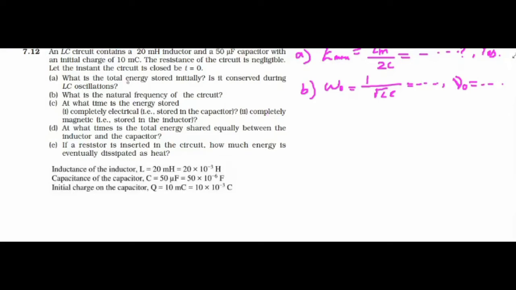Now next, part C. At what time is the energy stored completely electric? The second part is also there, completely magnetic. So now part C, case 1. Energy is completely electrical.